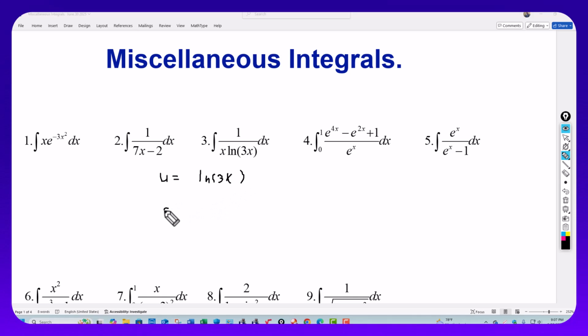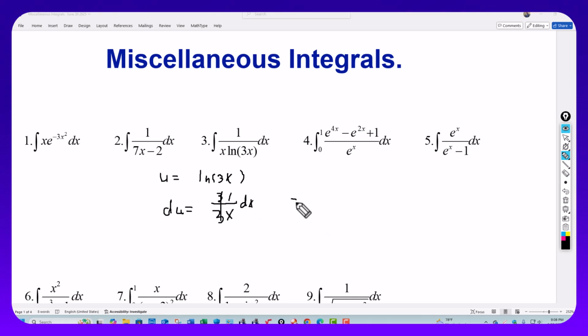Because then du would equal the derivative of this natural log. There's just going to be the argument, 3x, in the denominator. And the derivative of the argument, 3x, is 3. So these divide out, leaving me with 1 over x dx.